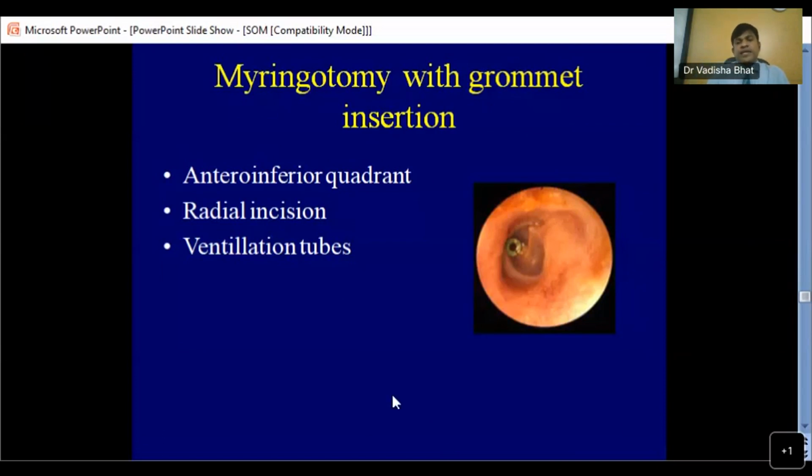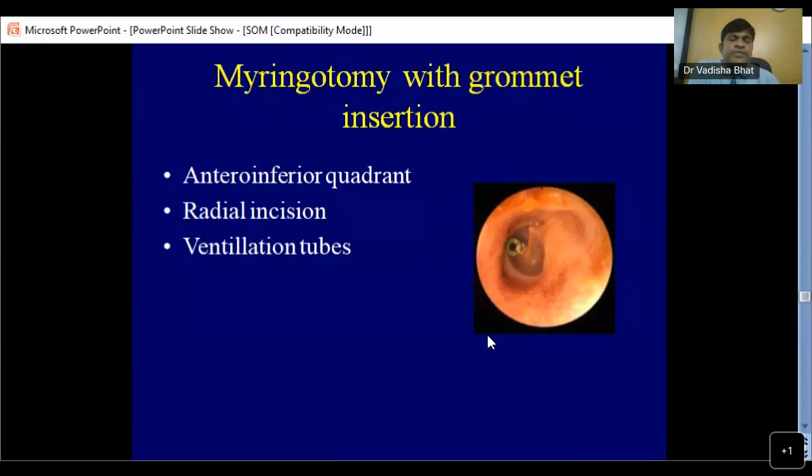The grommet is a rescue for many of the children with eustachian dysfunction, and of course it is very important in children with cleft, because as I already mentioned, the mechanism of collection in cleft is totally different. In cleft, the eustachian tube is not anatomically obstructed, but it is because of the dysfunction of the muscles.